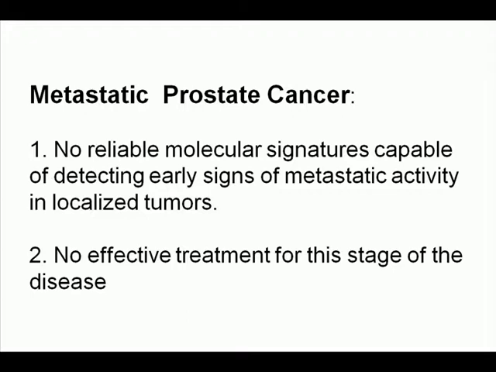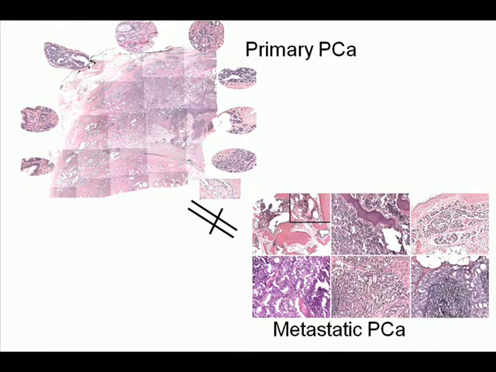So in terms of metastatic prostate cancer, you don't have good therapy. You don't have a good predictive marker to predict which early stage prostate cancer could be more aggressive or less aggressive. So I think that can be really relevant. And then the question is, and this is something I learned, I'd like to share my personal point of view with you.